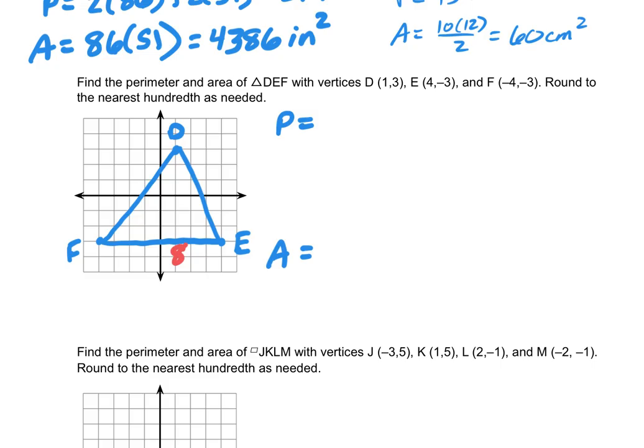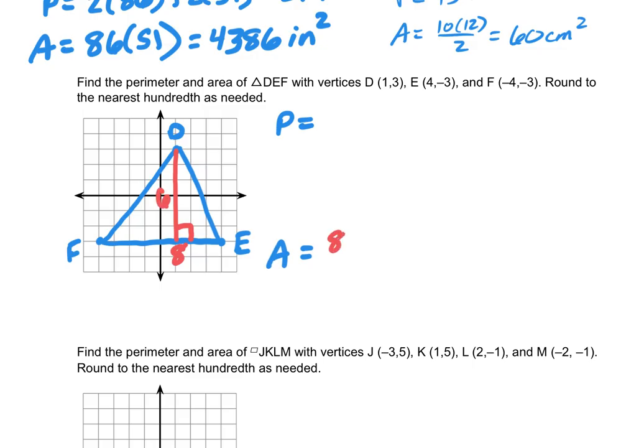Okay, you can draw that in lots of different places, but usually we're going to go from the top of the triangle down to the base, and it's going to be perpendicular at that point. Okay, it's got to be straight up and down. So if I'm going to count vertically here, from the base to this point, I go 1, 2, 3, 4, 5, 6. So my height would be 6.